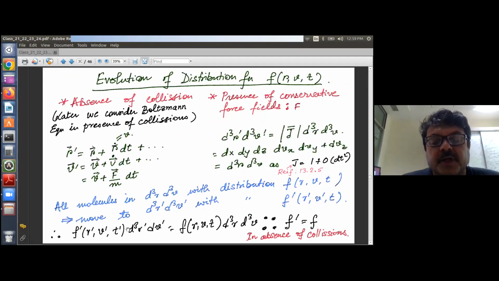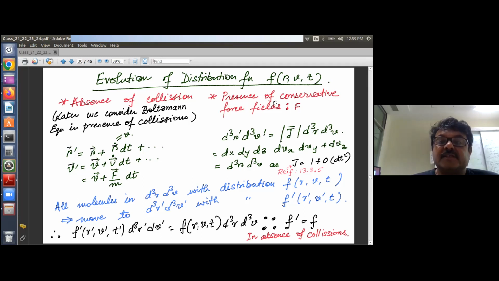Next, let's talk about the evolution of the distribution function in the absence of collisions. Okay, so this is an ideal case. Of course, in reality, there is always collision, and the collisions actually try to bring the distribution function back closer to equilibrium, right?